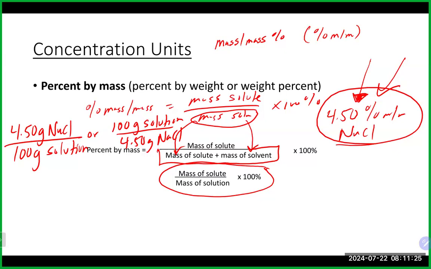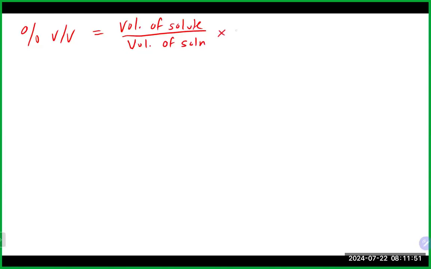Now, percent mass to mass is one of a couple other percent concentrations. So let's talk about those. There is percent volume to volume, like in alcohol, percent volume by alcohol. And that is the volume of solute divided by the volume of solution times 100%.